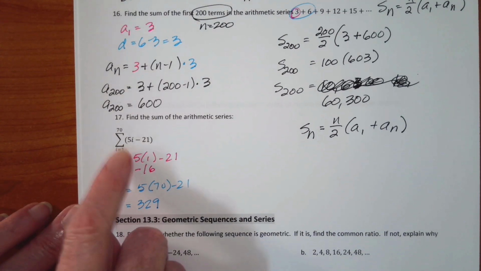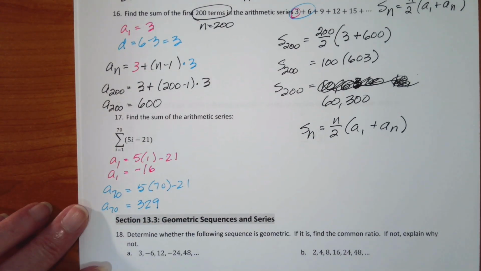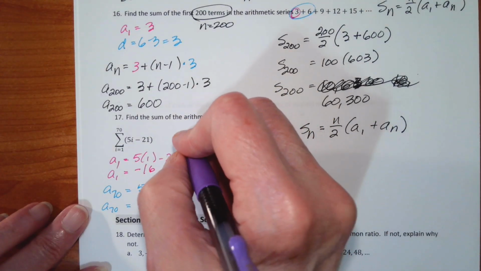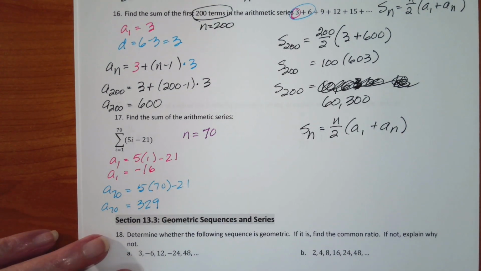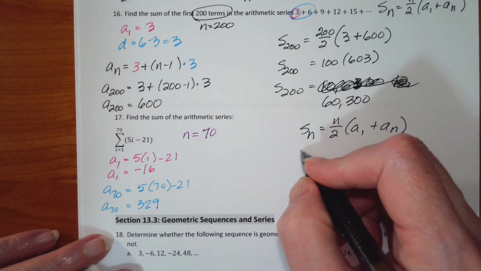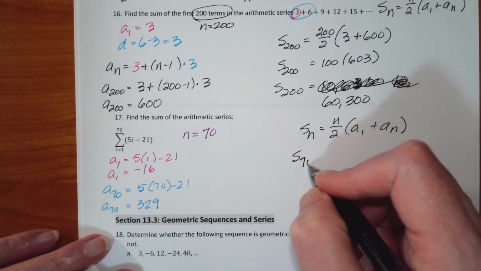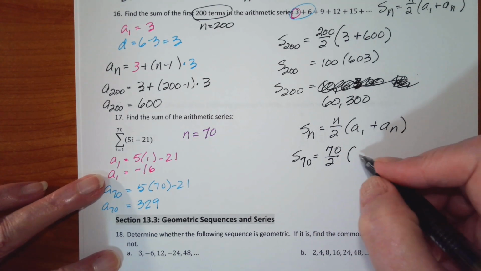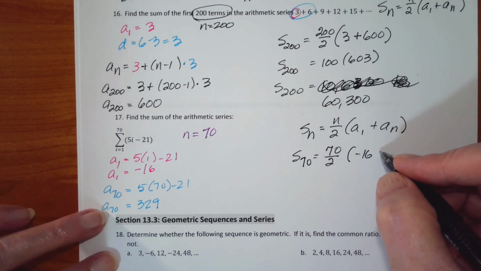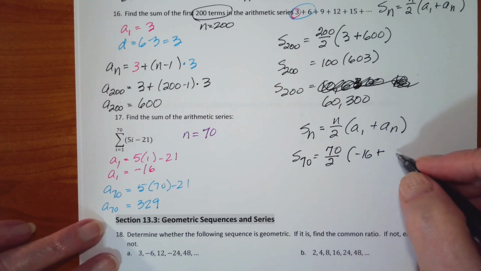And I also know that going from 1 to 70, there are 70 terms for my n. So S sub 70 is equal to 70 over 2 times a sub 1 plus a sub 70.